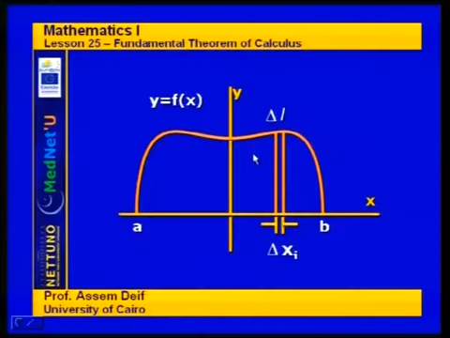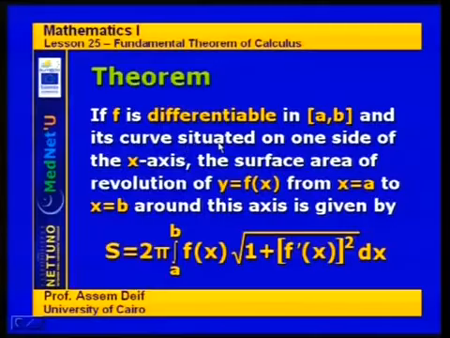So in fact here, since the radius is y, you have 2 pi y, which is the circumference of the cylinder, times dl. But you know that dl is equal to the square root of 1 plus dy by dx all square. So you end up with a formula of this sort. If f is differentiable on AB, with the curve situated on one side of the x-axis, the surface area of revolution of the curve y equals f of x, from x equals a to x equals b, is equal to what? 2 pi, the radius, which is f of x, times dl.